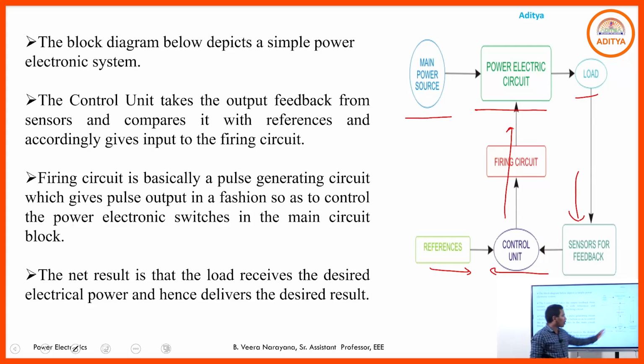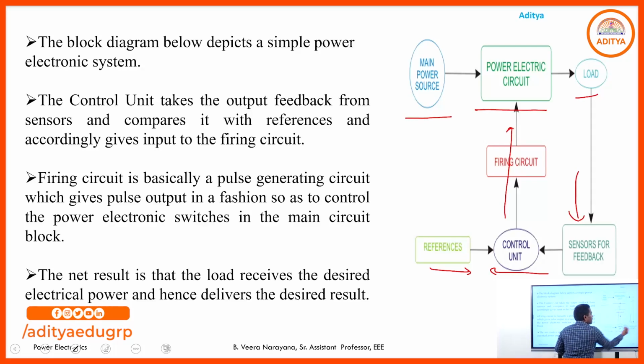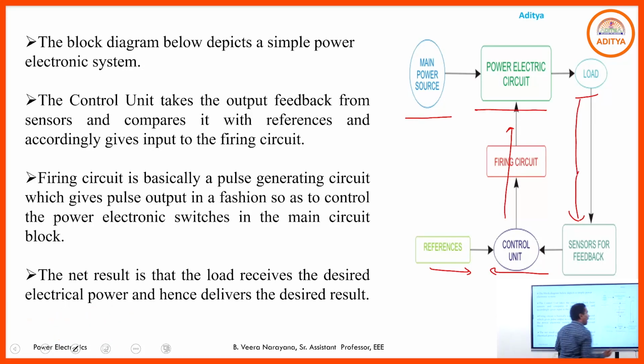The control unit will receive the signal from these sensors. The sensors will sense the actual voltage or actual current available across the load. The parameter is sensed by using these sensors and the output of the sensors is given to the control unit.